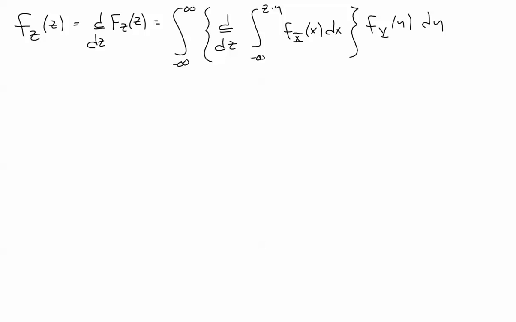So what I'm going to do is integrate first against x. When I integrate against a variable, I lose that variable in the result. So when I perform that integration right there, the result is not going to be a function of x, it's going to be a function of z minus y. That means that that portion of this composite integral is what's a function of z.